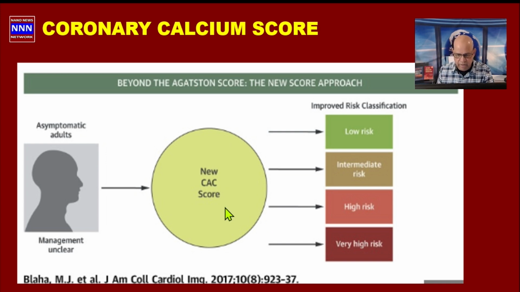Of course, when you have a calcium score of more than 400, you fall into the high risk category. When the calcium score is 0, you fall into the low risk category.